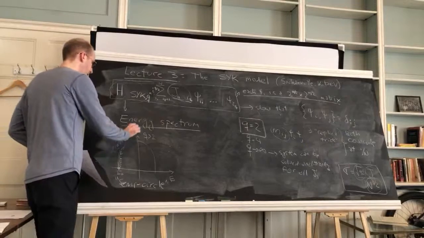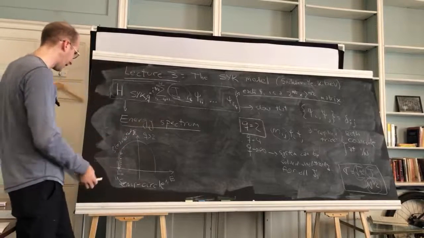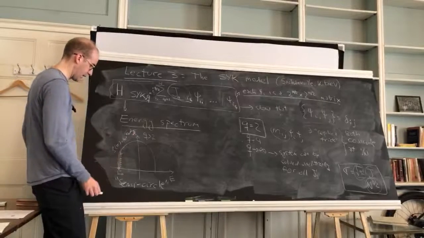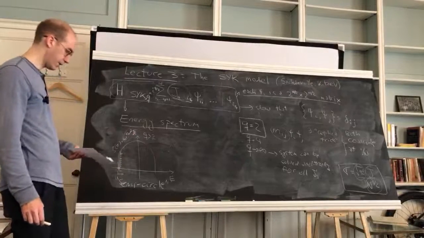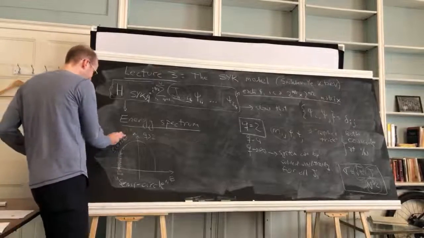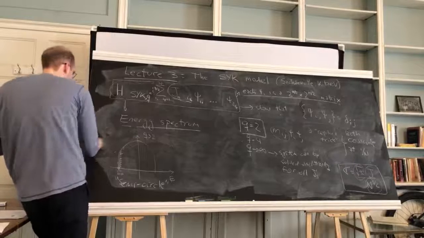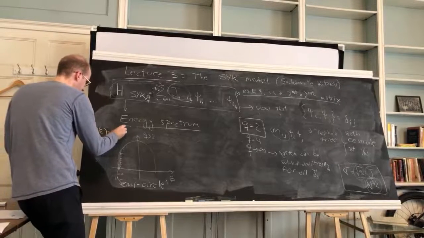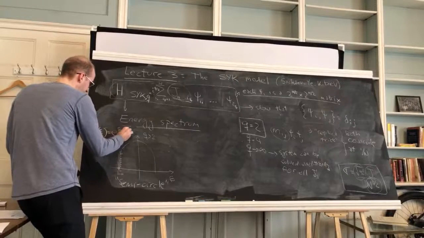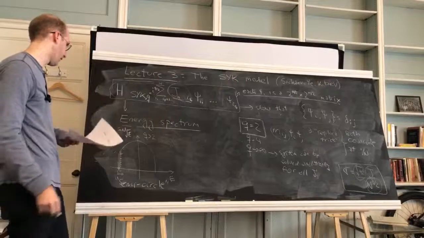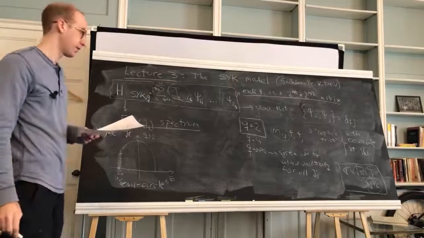But if you compare for different n's, you will see that there's an exponentially large number of states hanging very close to the ground state. Rho of E goes like e to the S naught n times root E, something like this, where S naught is some number.